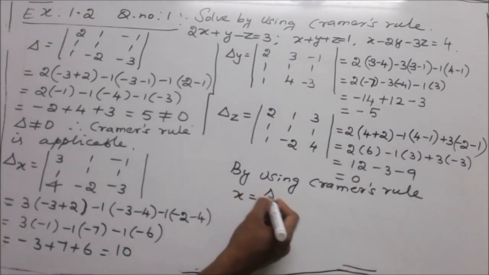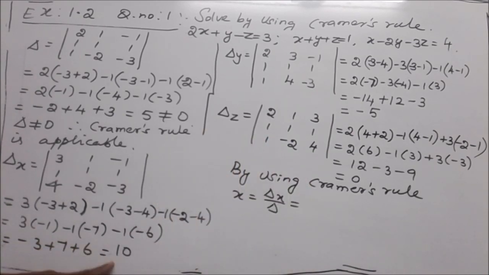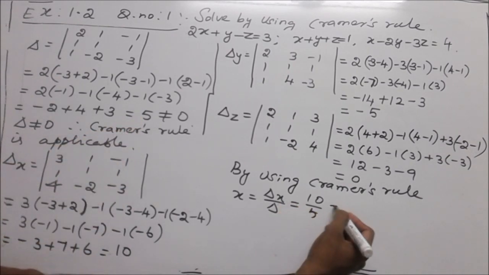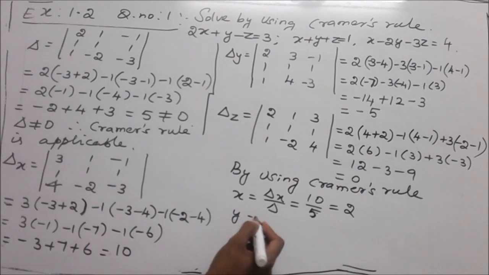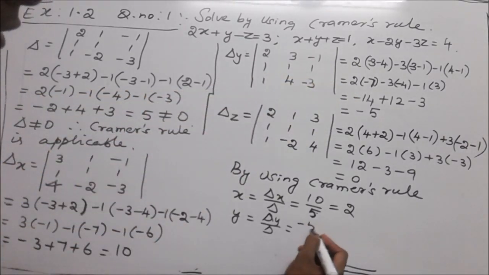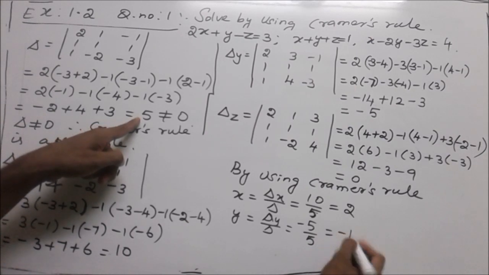X is equal to delta x by delta, that is equal to, what is the delta x? 10 divided by delta is 5, that is equal to 2. Then y equal to delta y by delta, the value of delta y is minus 5 divided by delta is plus 5, that is equal to minus 1.